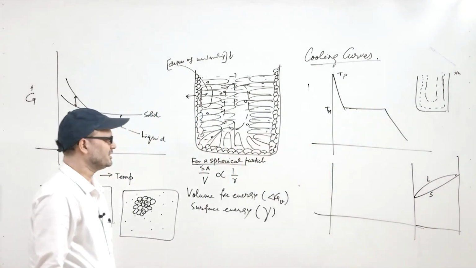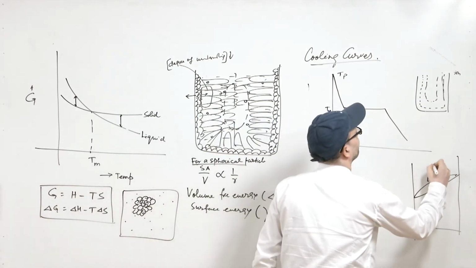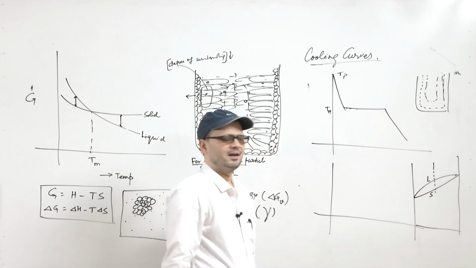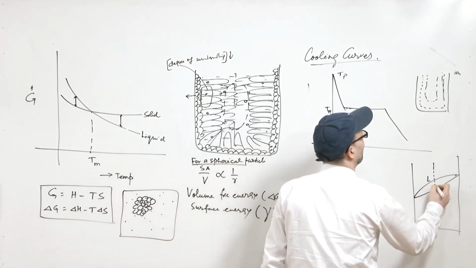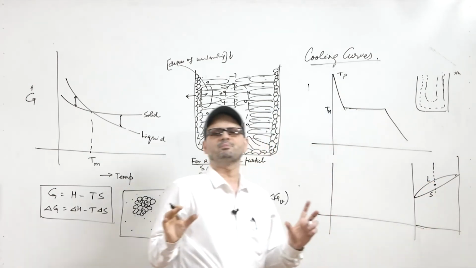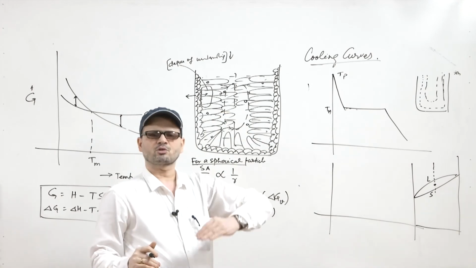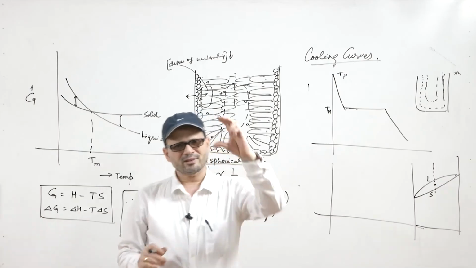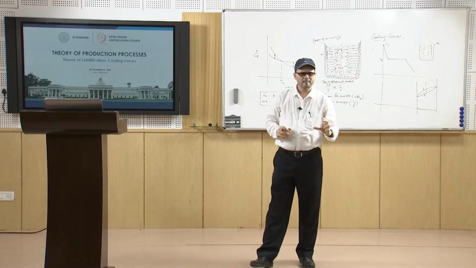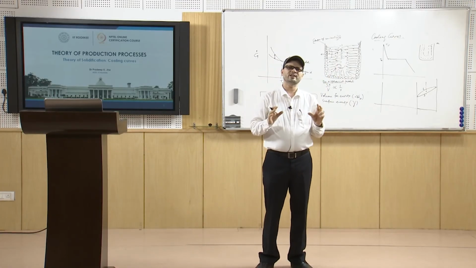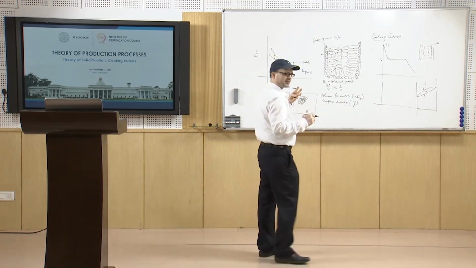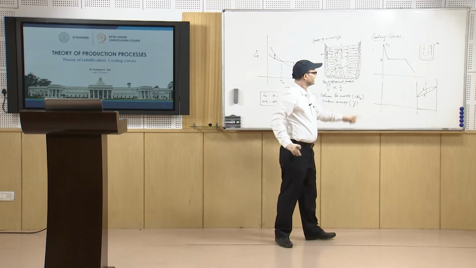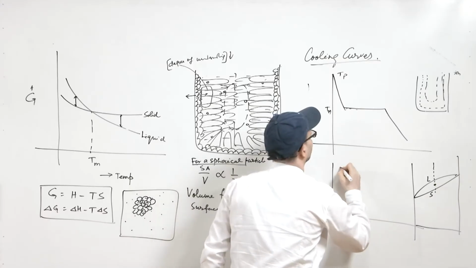So, when the temperature comes down and solidification starts, at every point you will have certain solid and certain liquid, and the temperature is constantly decreasing. As there was no change in temperature in the case of pure metal, here there is a temperature change.